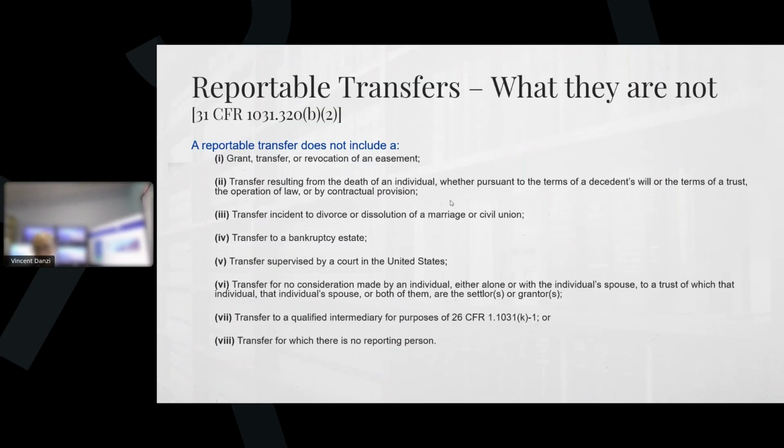That construct is reported to the IRS at some point. So again, it isn't seen that there is a need to capture that type of transaction.